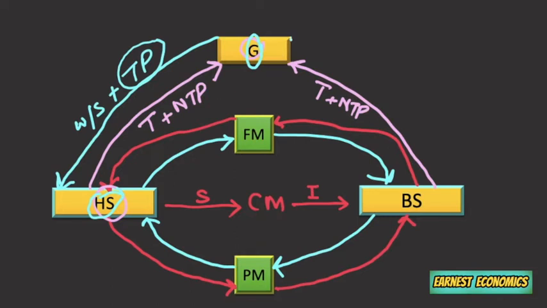Now, in case of the government and business sector relationship, again, such a relation exists, where money flows from the government sector towards the business sector, and this again has two major components. One is when the government purchases commodities or goods from the business sector. When it makes purchases from the business sector, obviously it has to make payments, because the government has to run a lot of departments.